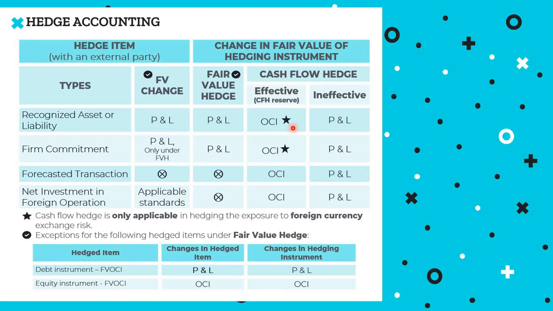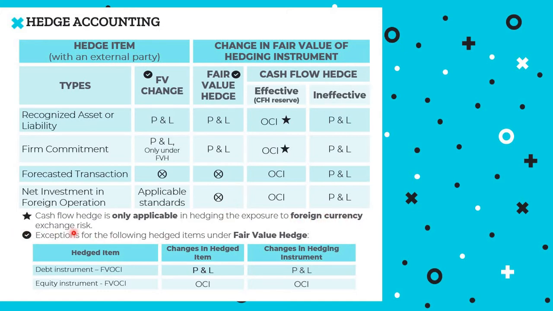And kung titingnan nyo ang ating mga hedge items, meron tayong 4, diba? Pero among the 4 hedge items, yung forecasted transaction and net investment in foreign operation talaga ang ginagamitan ng cash flow hedge kapag sila yung designated as a hedge item. Pero for the recognized asset or liability and firm commitment, they can be hedged under cash flow hedge if the risk being hedged is a foreign currency exchange risk.